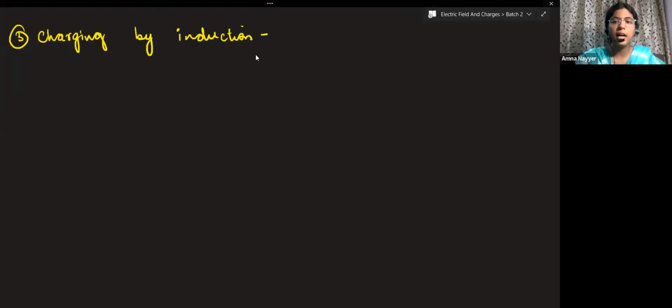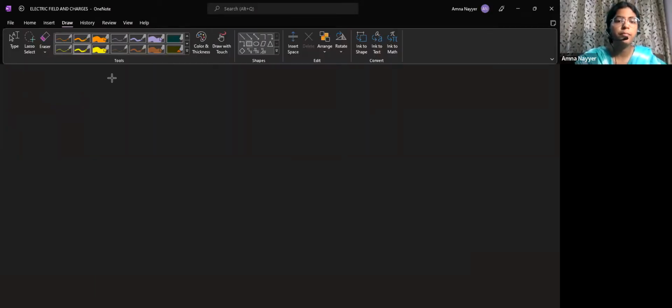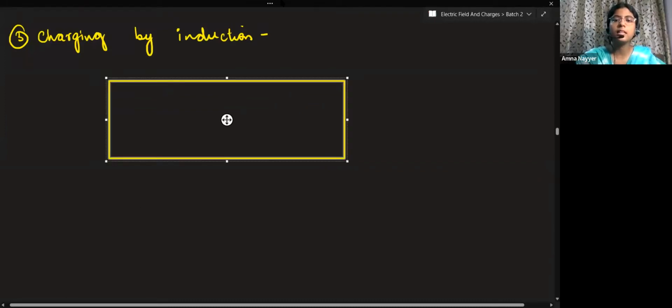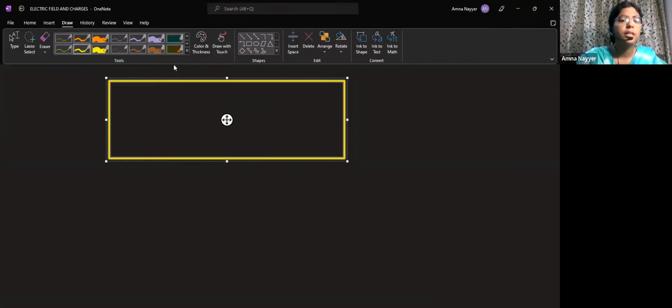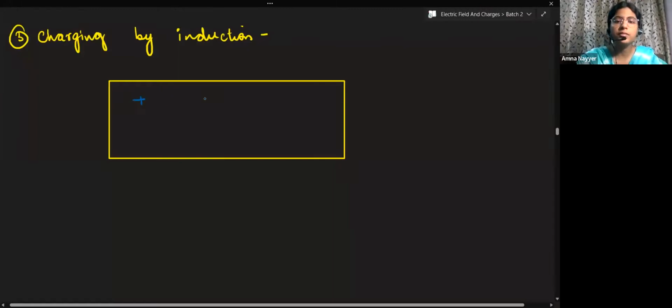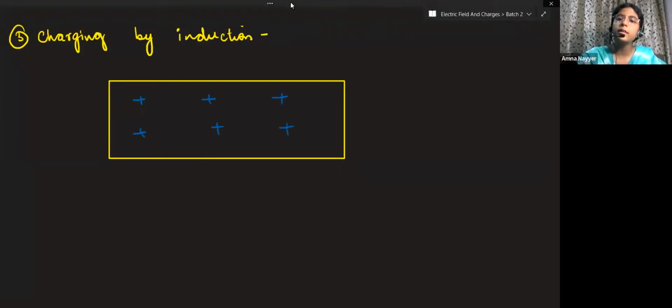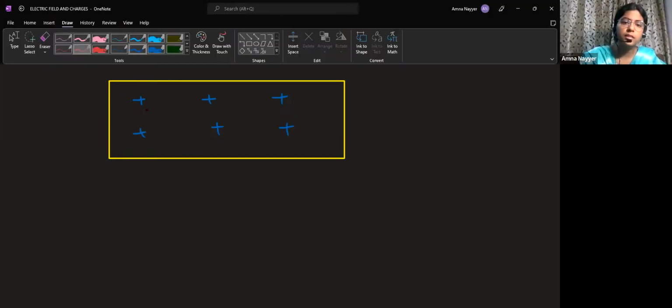See, if I have a conductor with me, let's say this is a conductor. It has certain positive charges in it. It will also be having negative charges.